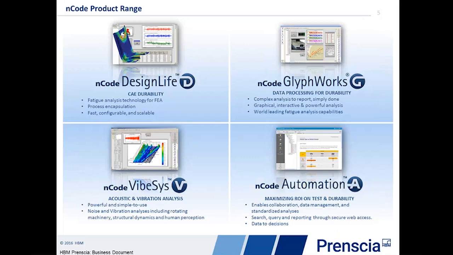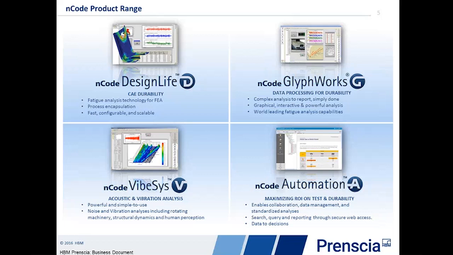There's another product called VibeSys that is new to version 12, which allows us to start looking at noise and vibration, as well as things such as rotating machinery, structural dynamics and human perception.